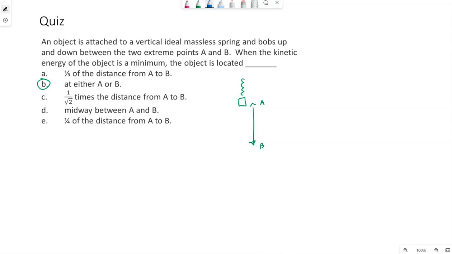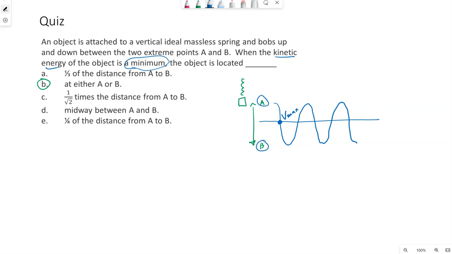So if we think about oscillations, they would look up and down on the graph. We know that the speed is maximum when the mass passes through equilibrium. Here, though, it wants to know when the kinetic energy is a minimum, meaning essentially 0. So that would be happening at the turning points, A and B. If it had asked for the maximum kinetic energy, we would say midway between A and B, because that's where the equilibrium would be.